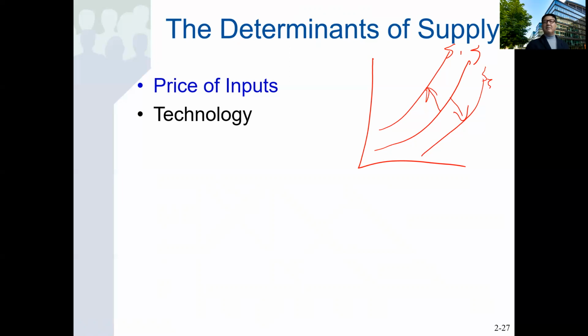If there's a technological improvement, the supply will shift towards your right because you can now make more stuff at the same price, or even at a lower cost. So the supply will shift.